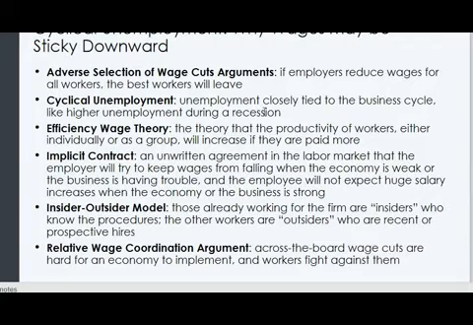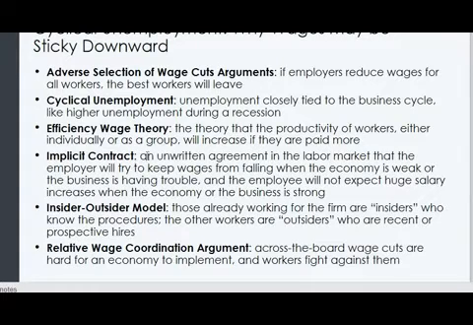Efficiency wage theory. The theory that the productivity of workers, either individually or as a group, will increase if they are paid more. Implicit contract. An unwritten agreement in the labor market that the employer will try to keep wages from falling when the economy is weak or the business is having trouble, and the employee will not expect huge salary increase when the economy or the business is strong.